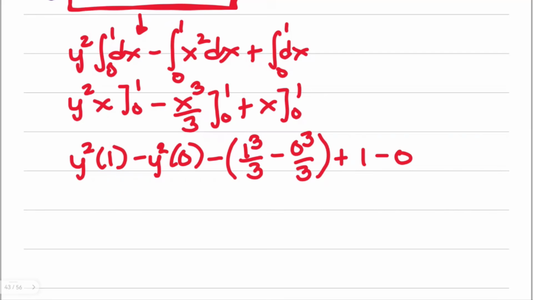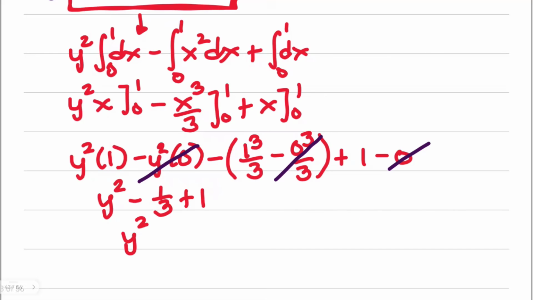So again, 0 is 0. What we'll have here is y squared, then minus 1/3, if I'm correct, and plus 1. Combining them, negative 1/3 and 1 gives 2/3.